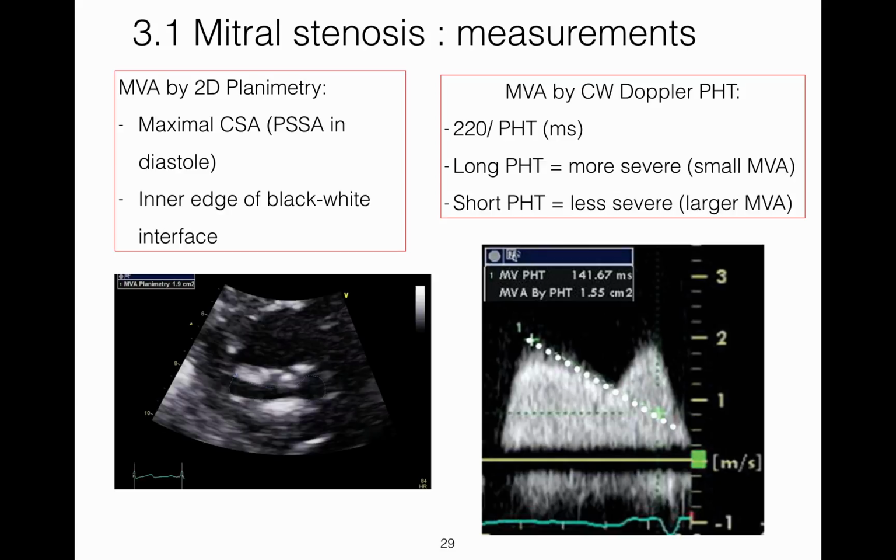Doppler measurement of the mitral valve area involves measuring transmitral flow from the apical 4 or apical 2 chamber view with continuous wave Doppler to identify the pressure half time. The mitral valve area in centimeters squared is calculated by dividing 220 by the pressure half time. This calculation is made by the machine once the pressure half time has been measured.